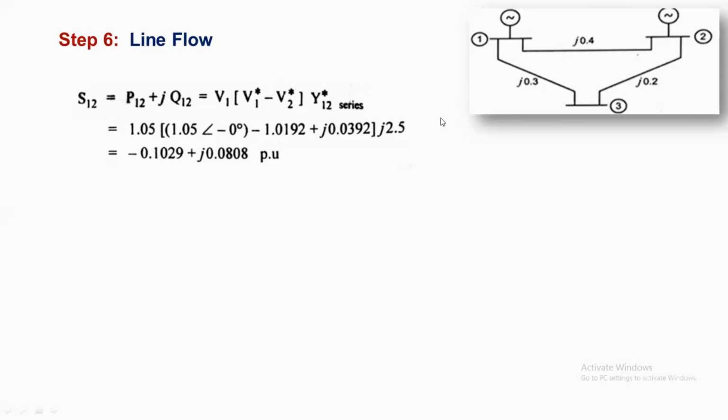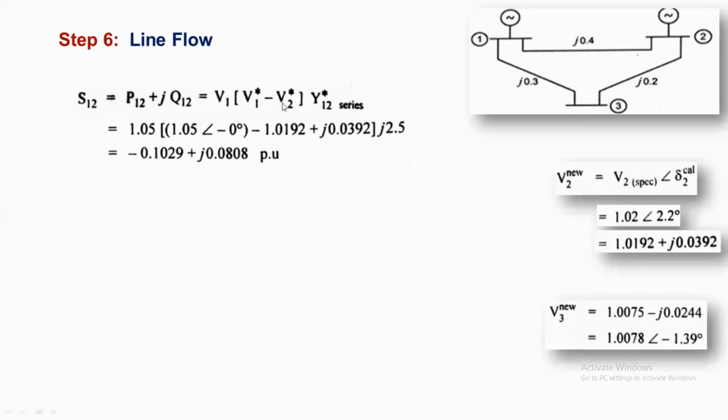Then simplify, you get j0.4. Here V2 is the generator voltage at the end of the first iteration. That value is 1.02 angle 2.2, in rectangular form 1.0192 plus j0.0392. Here substitute. This is a conjugate.